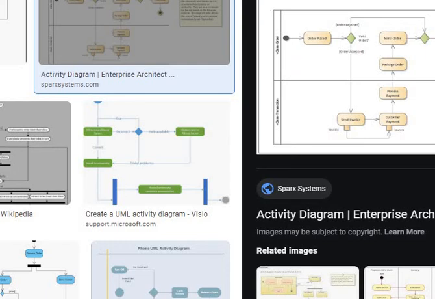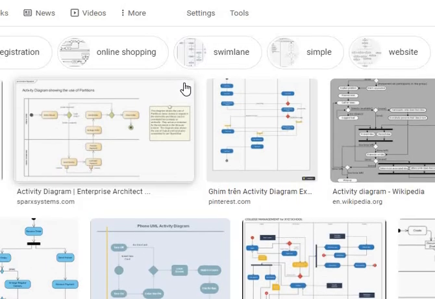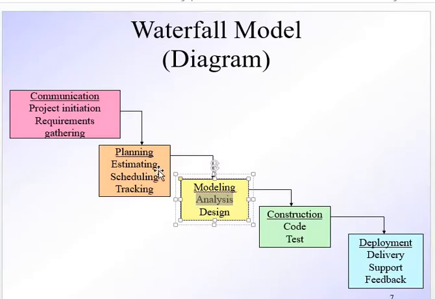Ultimately there are so many different types of diagrams covered in this modeling part. In the modeling part, you are using all these UML diagrams: class diagram, object diagram, activity diagram, use case diagram, sequence diagram, which will show the sequence of the processes.